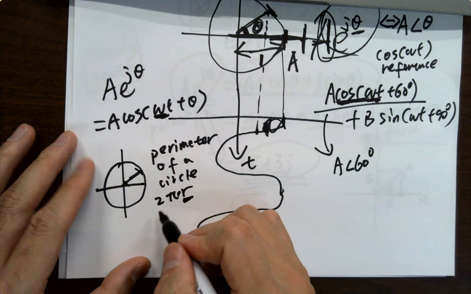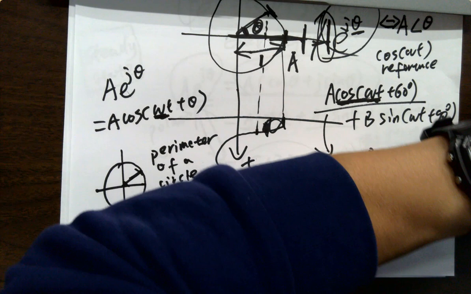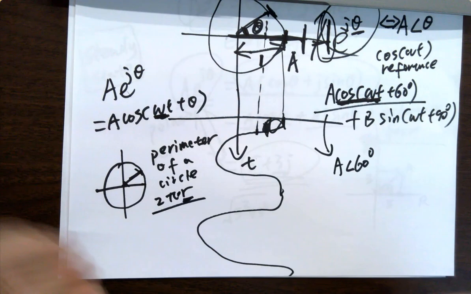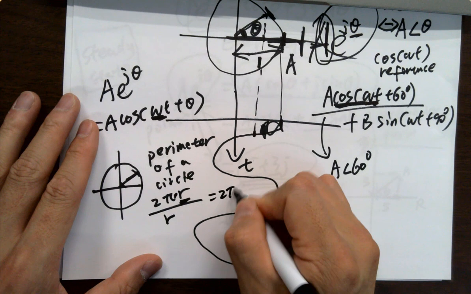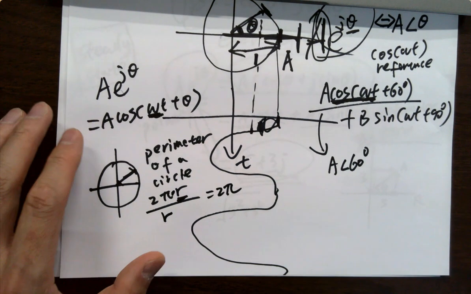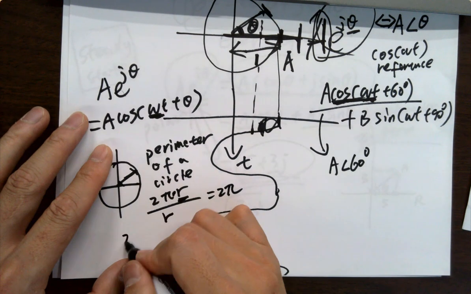So if you divide 2 pi r by what? 2 pi r divided by r. What is this? Yeah, 2 pi, right? So there are 2 pi of r's. And so what is 2 pi over T?